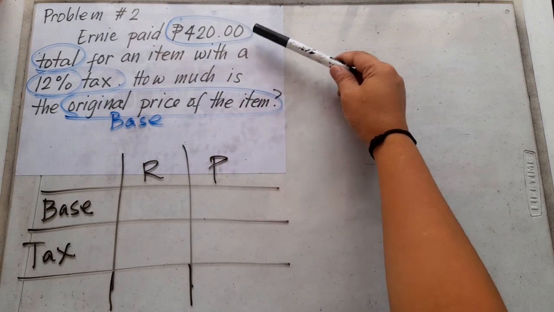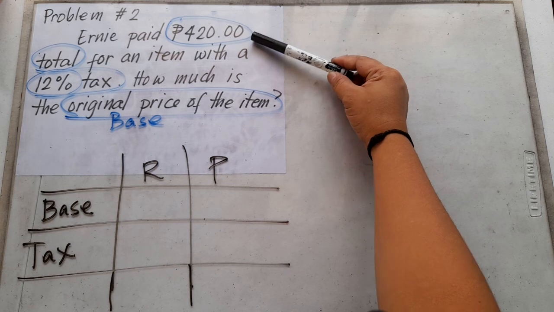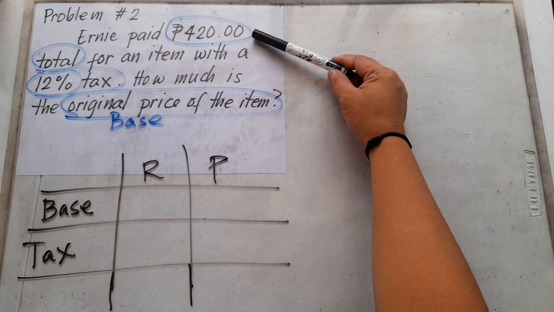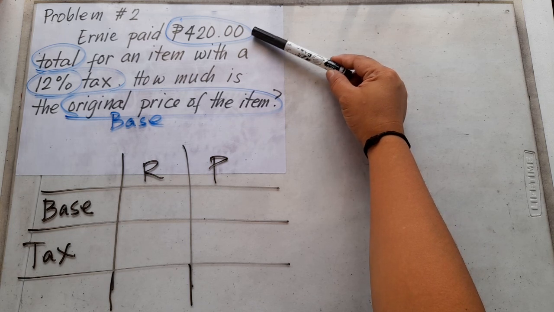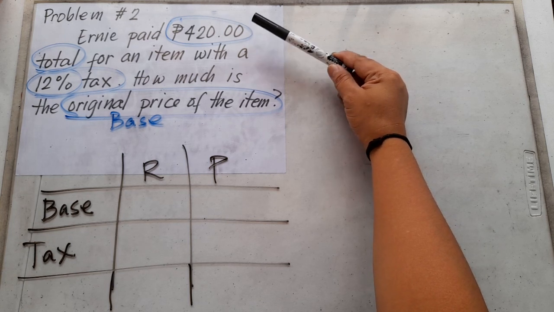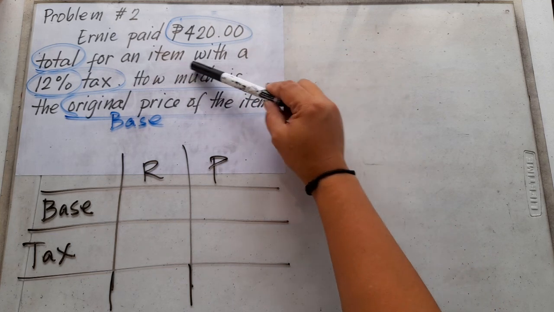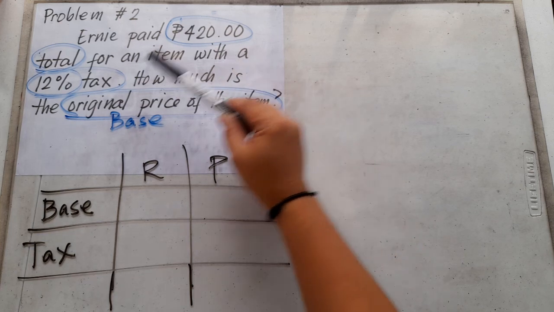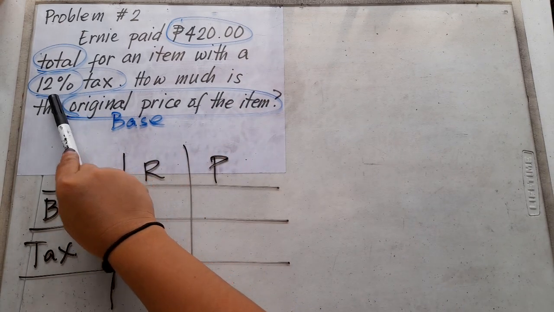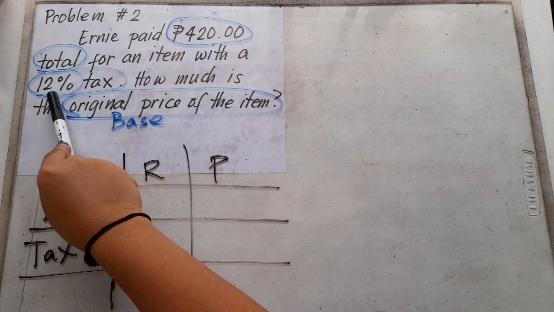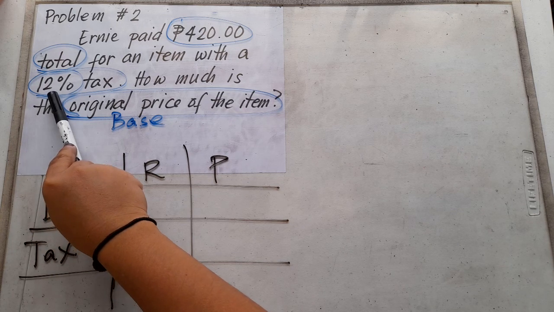Okay? We know that the total amount paid is not the original price or the base. Hindi siya yung base. Kasi yung total na binayaran niya may kasamang tax. It has 12% tax with it.